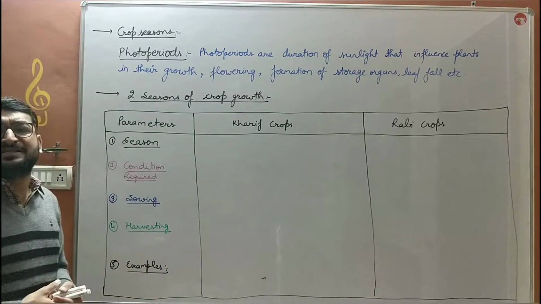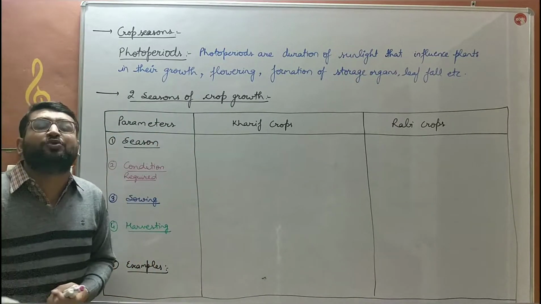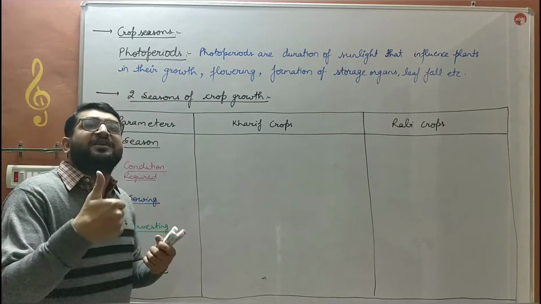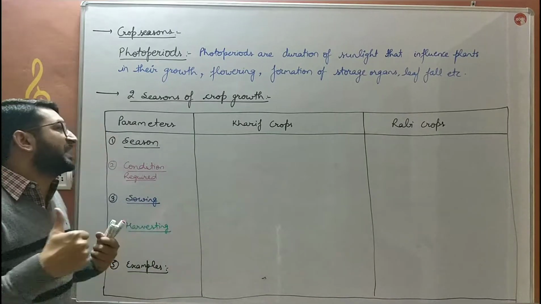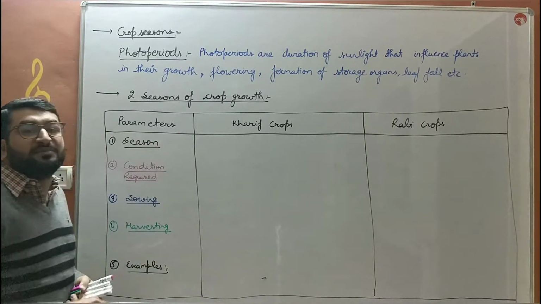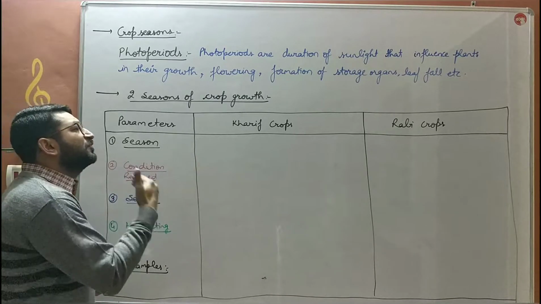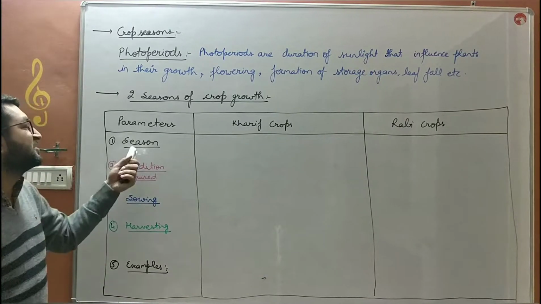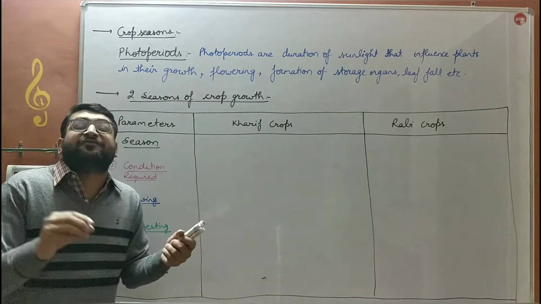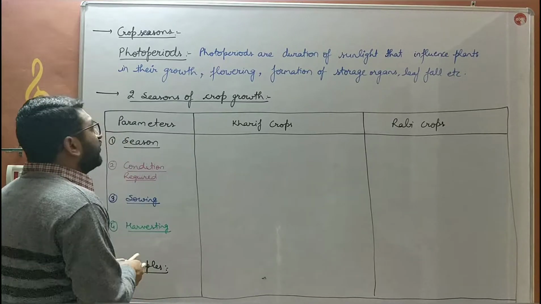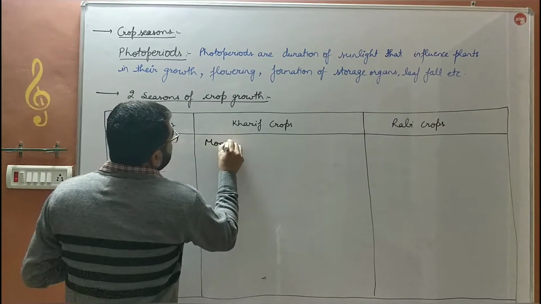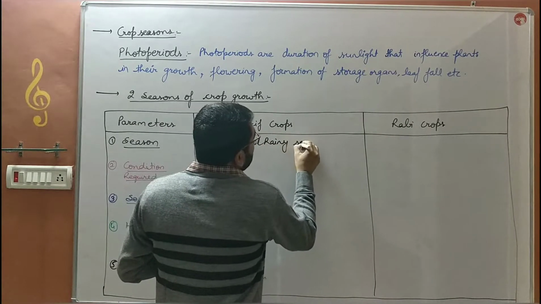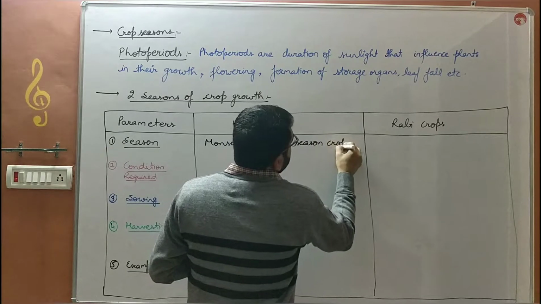On this basis, the seasons are majorly divided into two forms. One is kharif season crops, and the second one is rabi season crops. Now we'll discuss the difference between them one by one on the following parameters. The first one is season, that is, which season is required for that particular crop. Kharif crops are monsoon season crops, which is why they are also referred to as rainy season crops.